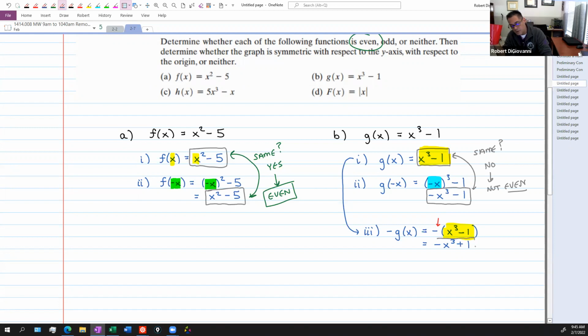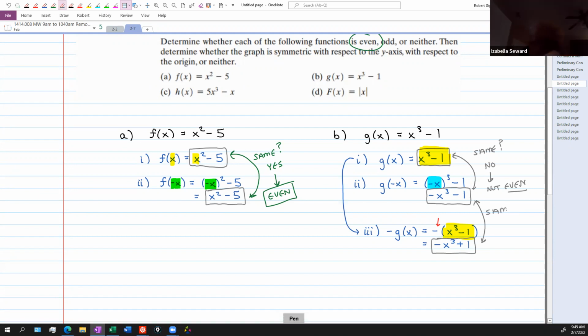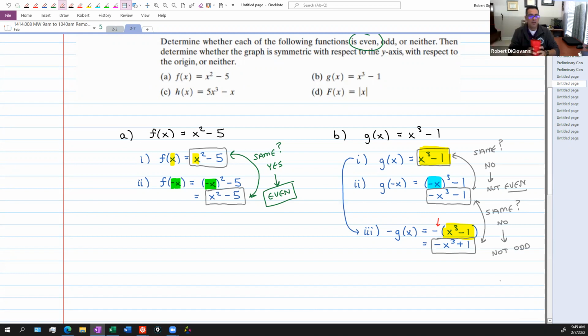Now what I want you to do, Isabella, is tell me, are these the same? No. And what that tells you is that it's not odd. Those two would have to be the same in order for this to be an odd function.